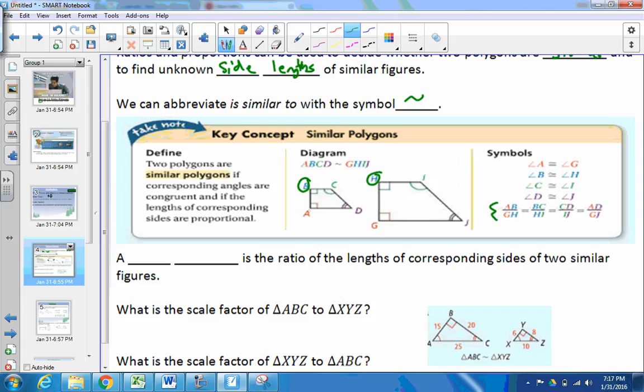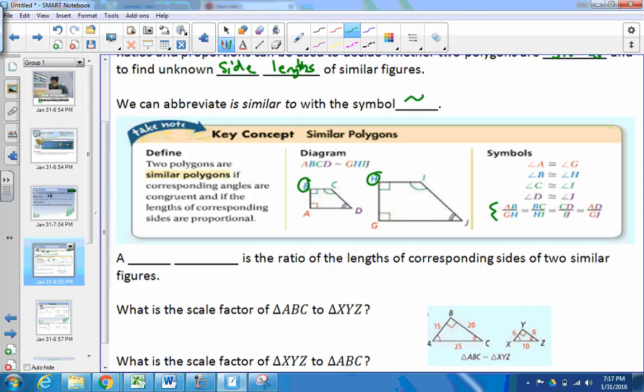AB to GH would have to be, that proportion would have to be equal to BC to HI, to CD to IJ, and to AD to GJ. All right, that's an extended proportion showing the proportion for all the side lengths.